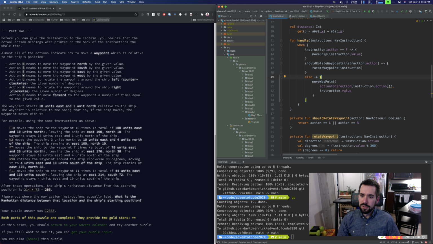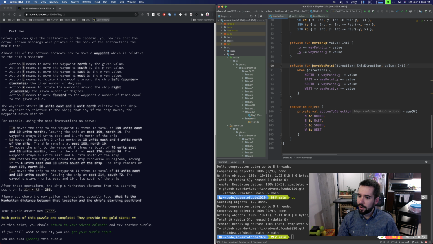Okay, so when we move the waypoint, that one's pretty straightforward. If the direction that they give us is north, then you move it up by the value that they give you. If it's east, you move this x. Remember that positive x direction in our scheme here signifies east, and negative direction signifies west.